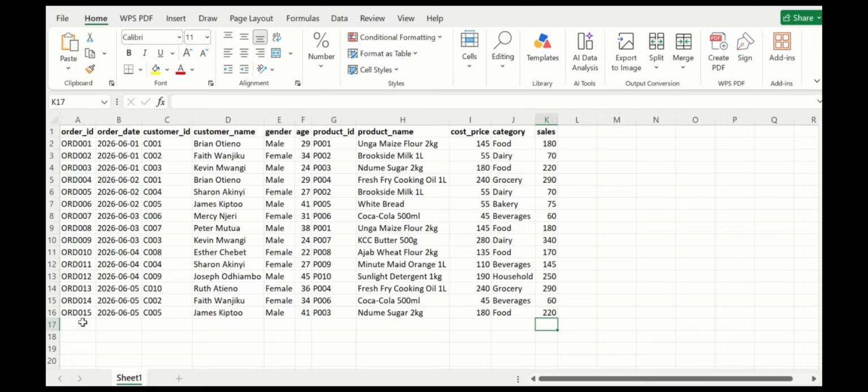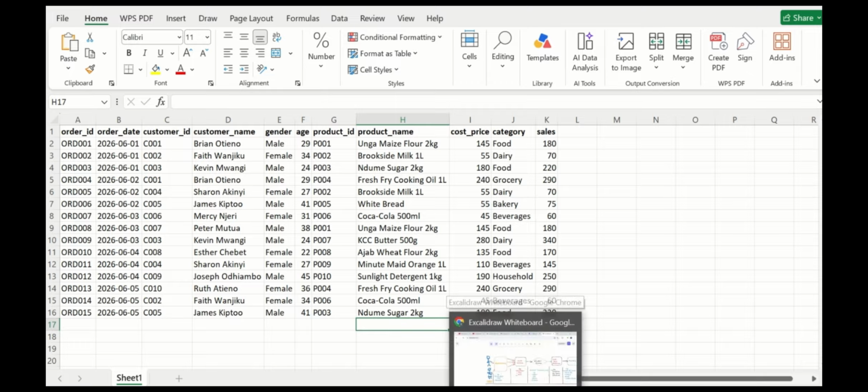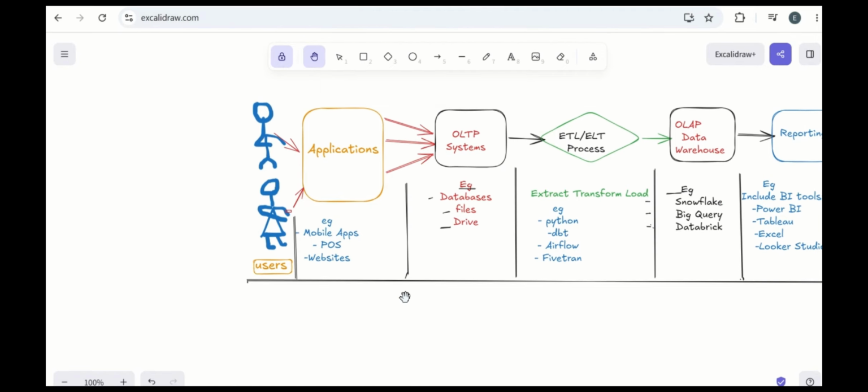Each and every transaction will have to enter the full details, from the order ID, order date, customer ID. So it slows down the data insertion.